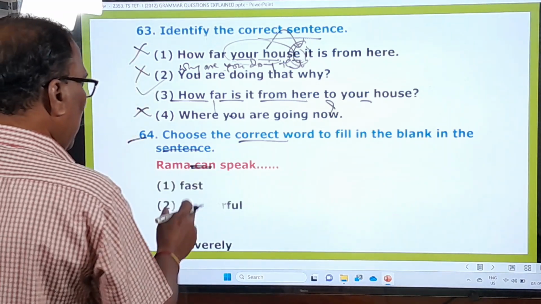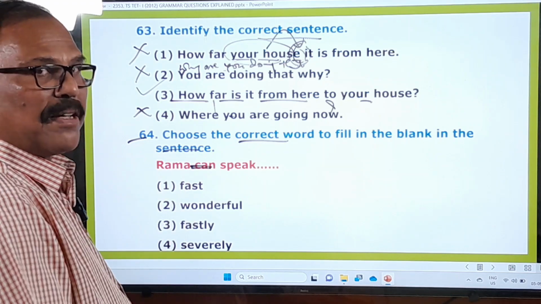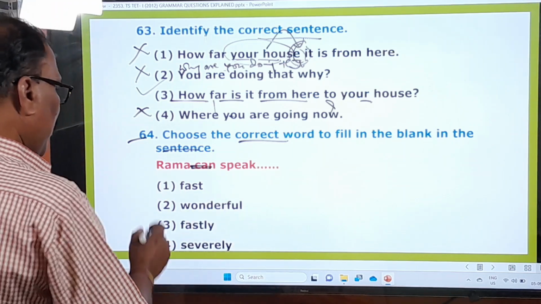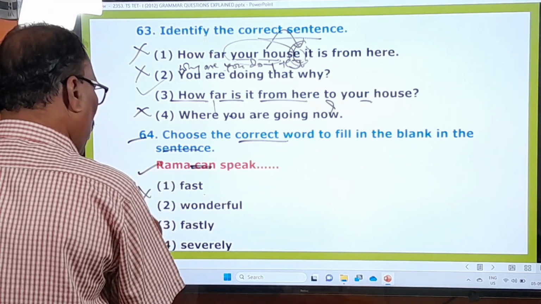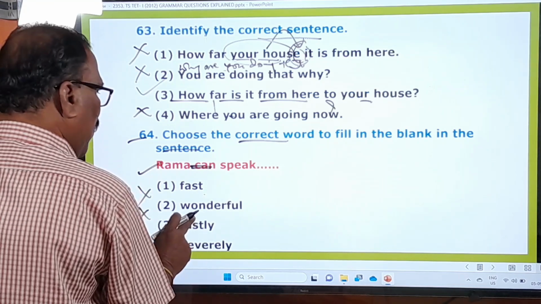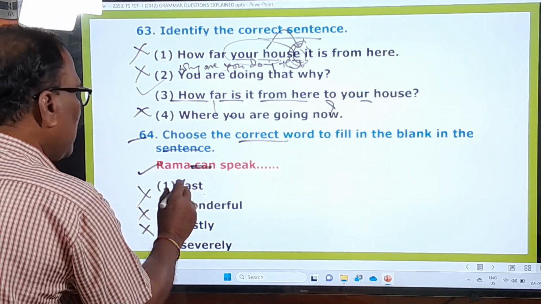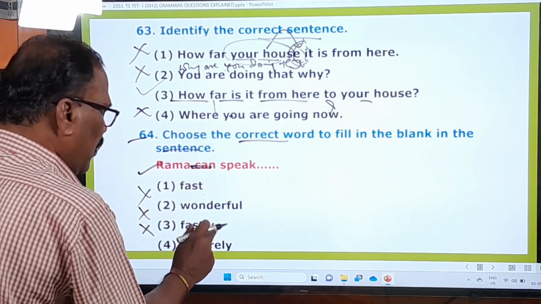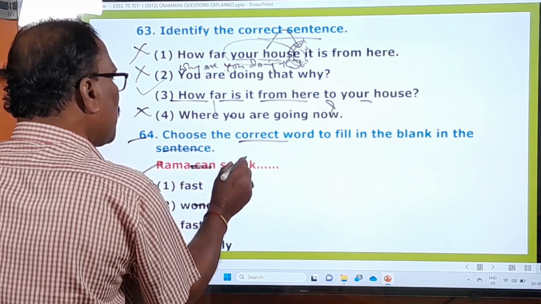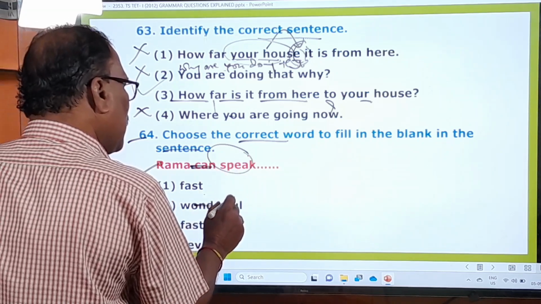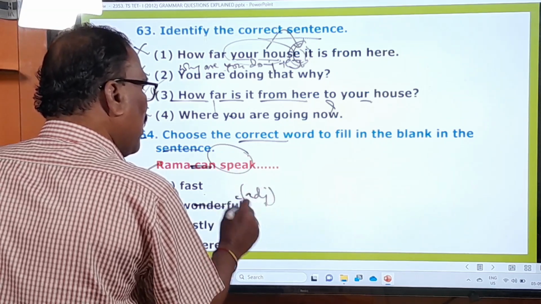You see, fast. Fast means very speedily. This is the right one. And wonderful, wrong. Fastly, there is no word like fastly in the dictionary. Severely. So here, why this is right and why these are wrong, let me tell you. Wonderful is an adjective.